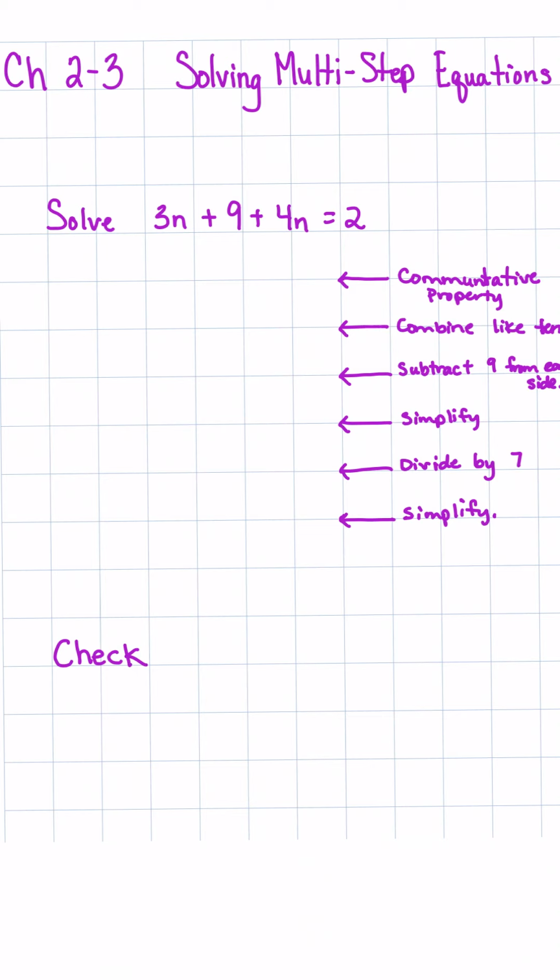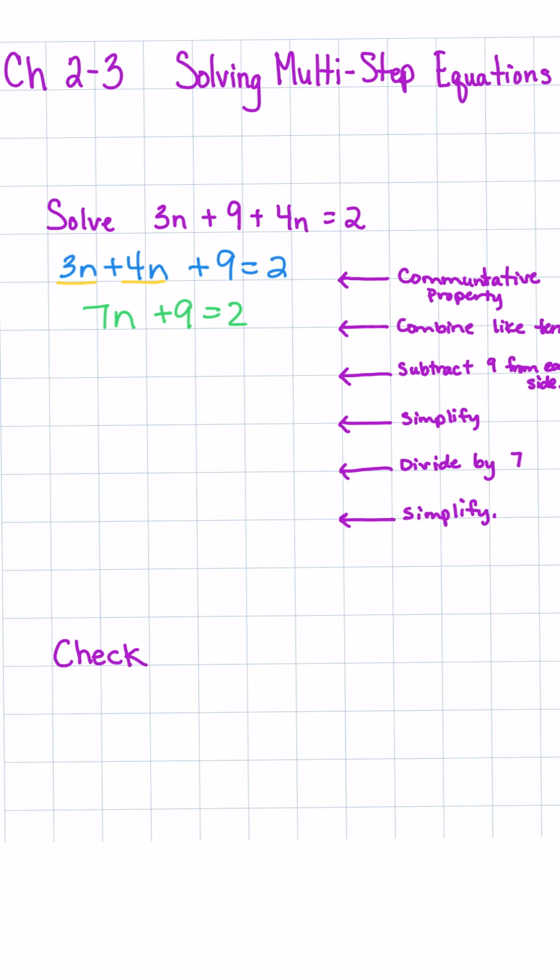So we want to do 3n plus 4n plus 9 equals 2. Now we have the 3n and the 4n next to each other, so let's combine those like terms. We're going to get 7n plus 9 equals 2.